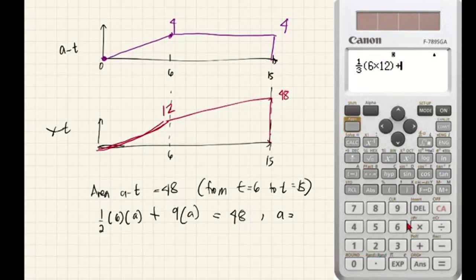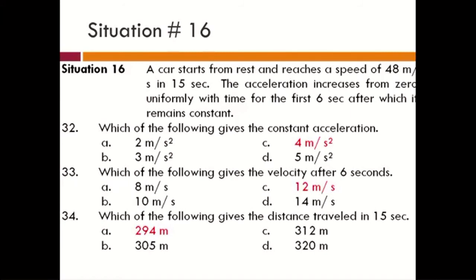And para dun sa trapezoid, that's 1/2 12 plus 48. At ang base ay 9. Okay, so the answer is 294 meters. Okay, so yun yung sagot natin. So, answer is letter A, 294 meters.